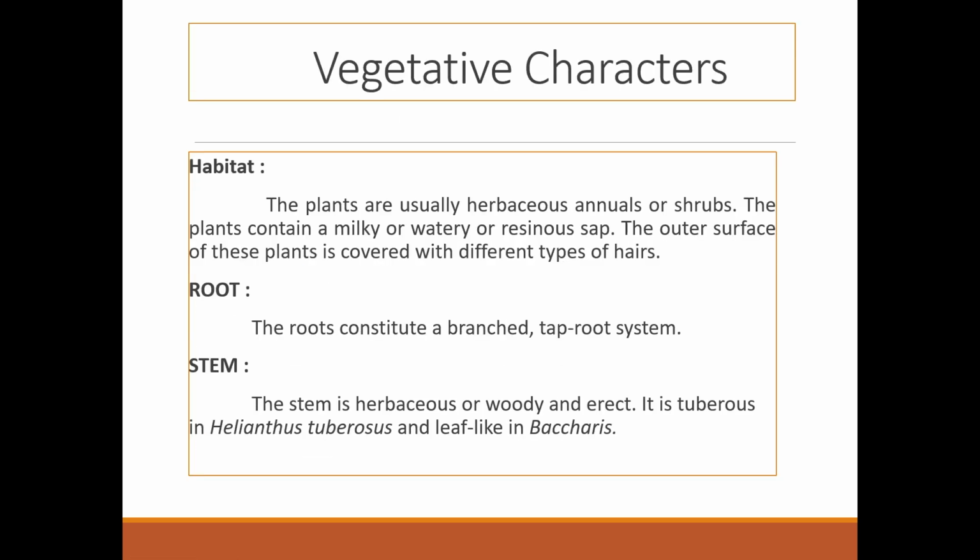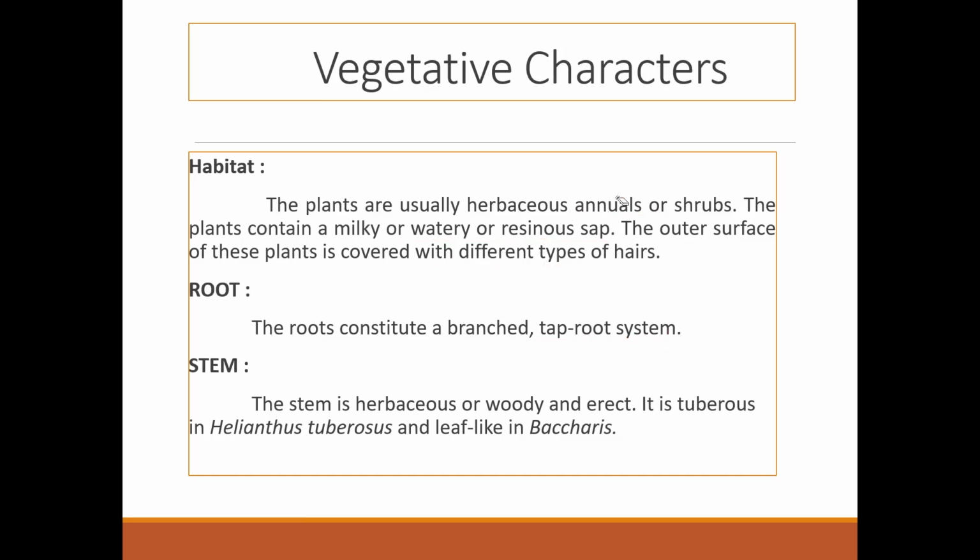If we see the vegetative characters of the family Asteraceae, generally the plants are herbaceous and annual. Sometimes they may be shrubs. The plant contains a milky or watery resinous sap in its body. The outer surface of these plants is covered with different types of hairs, so they have trichomes all over the body. The root is generally a tap root system because it is a dicotyledonous plant.